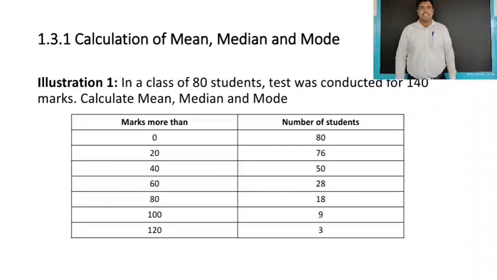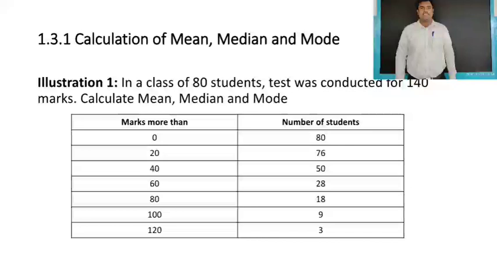In this illustration, it is said that in a class of 80 students, a test was conducted for 140 marks. Calculate mean, median, and mode. In one column they have said marks more than, and in the other column it is the number of students. So this has to be converted into a class interval.